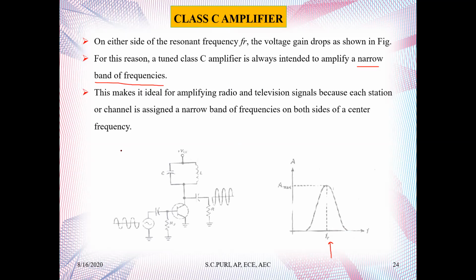This makes it ideal for amplifying radio and television signals, because each station or channel is assigned a narrow band of frequencies on both sides of the center frequency. For one channel there is a band of frequency, then for the next channel FR will be changed, but again there will be a fixed, particular band for that channel. So it is used as a tuner actually. That's all. Thank you so much for today's lecture.